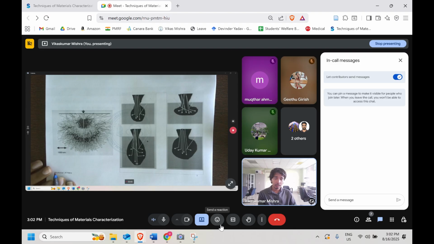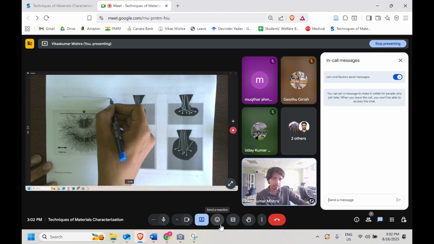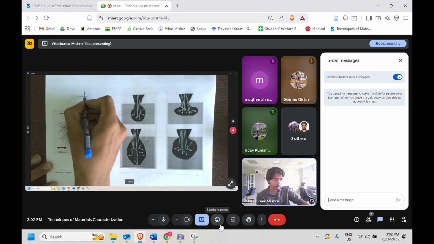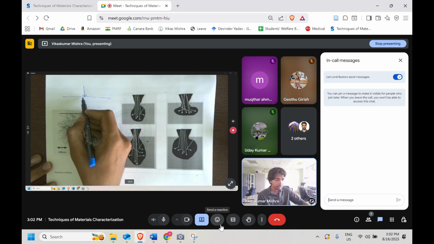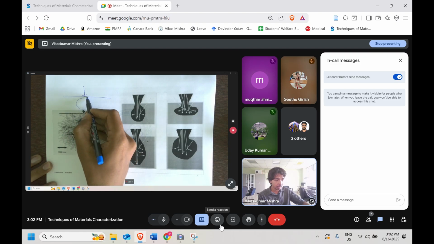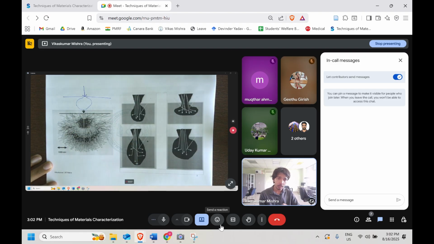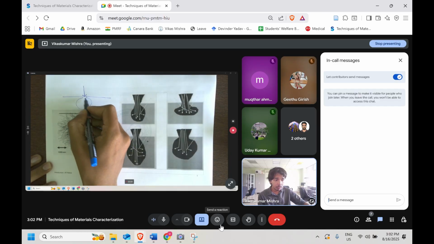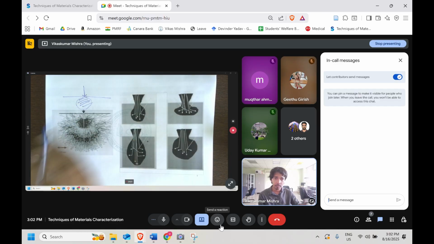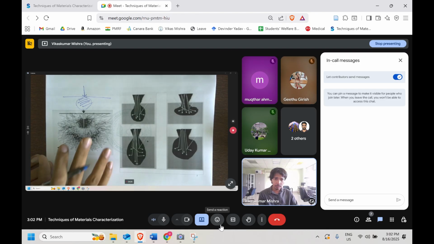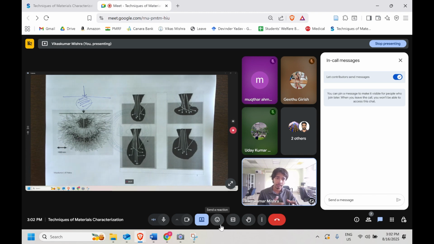So what is this Monte Carlo simulation? You have the specimen and the electron beam is coming. It interacts with the specimen and creates a certain interaction volume, showing from what region the information is extracted. The Monte Carlo simulation gives you the size of the interaction volume and the depth of the interaction.